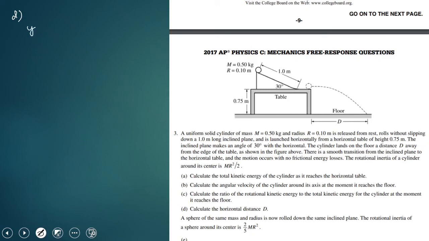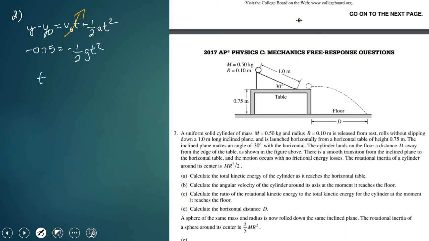So first of all, I'll use this formula, y minus y0 is equal to v naught t plus 1/2 at squared. Our v naught t, well, we have no initial vertical velocity, so it goes to 0. And then our delta y, so y minus y naught, our delta y is negative 0.75, which is equal to negative 1/2 gt squared.